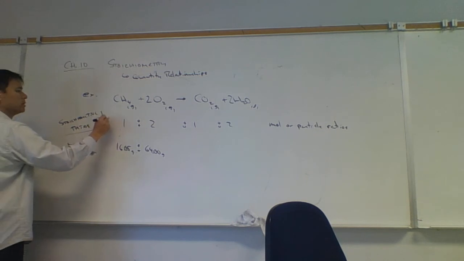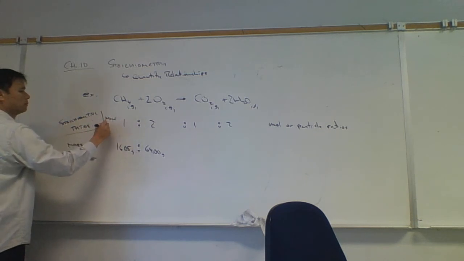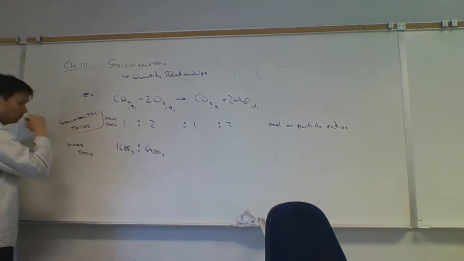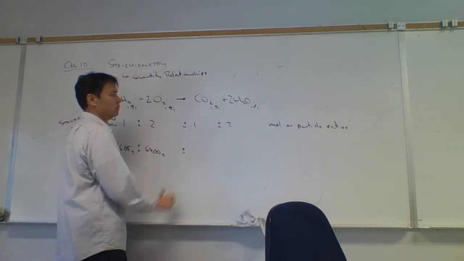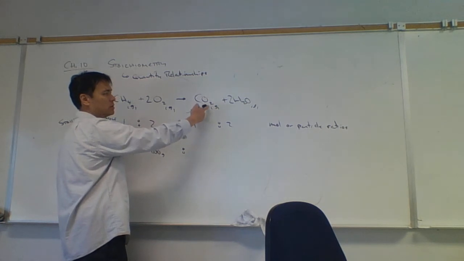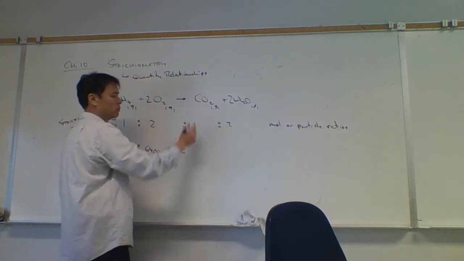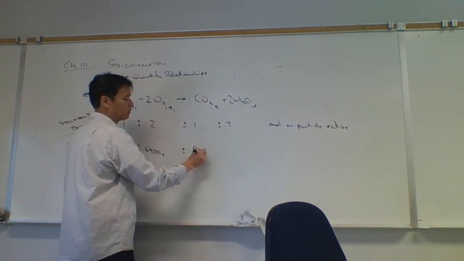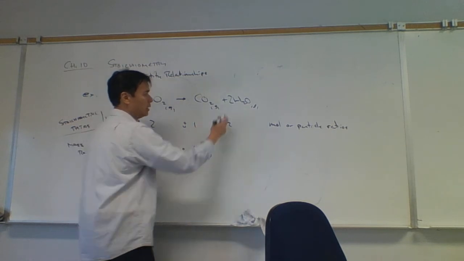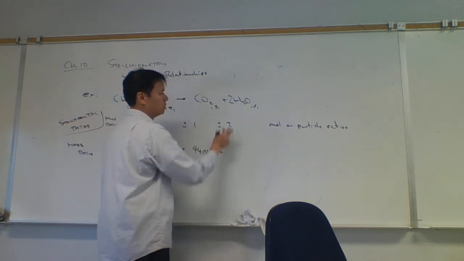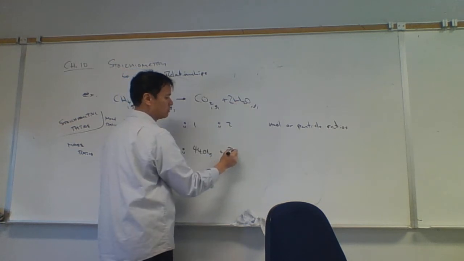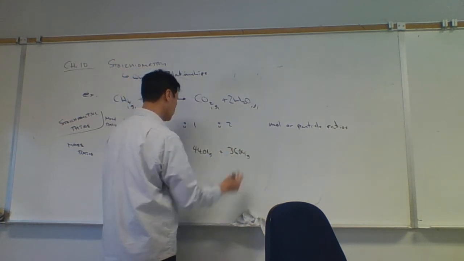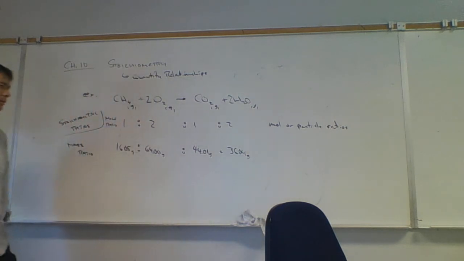So this is the mole ratio. How many grams of CO2 do I form? Well, carbon's 12.01, oxygen is 16 times 2 is 32, so it's 44.01 grams of CO2. And how much water? The water I've memorized, 18.02, and 18.02 times 2 is 36.04 grams of water. These would be the mass ratios.